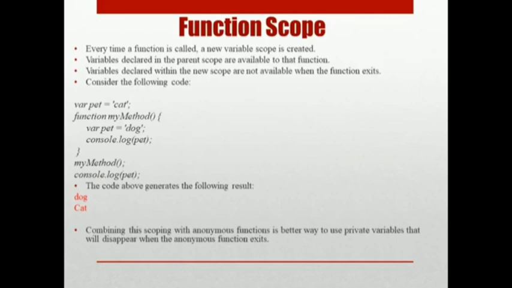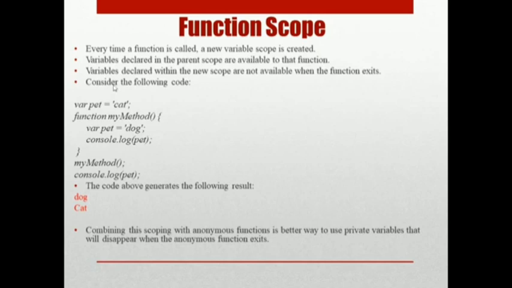Whenever we call that function, at that time a new variable scope is created. Variables declared in the parent scope are available to that created scope. Then variables declared within the new scope are not available when the function exits.